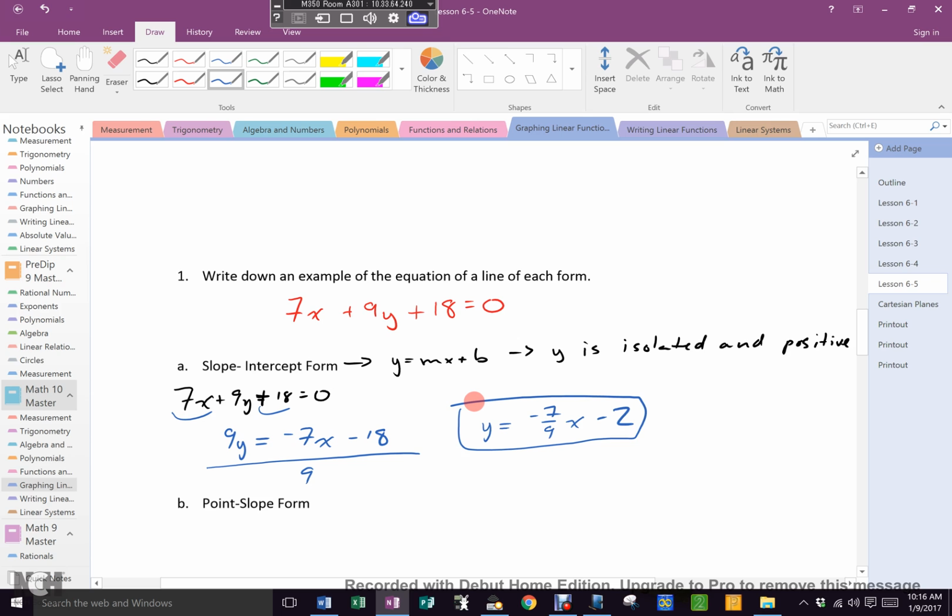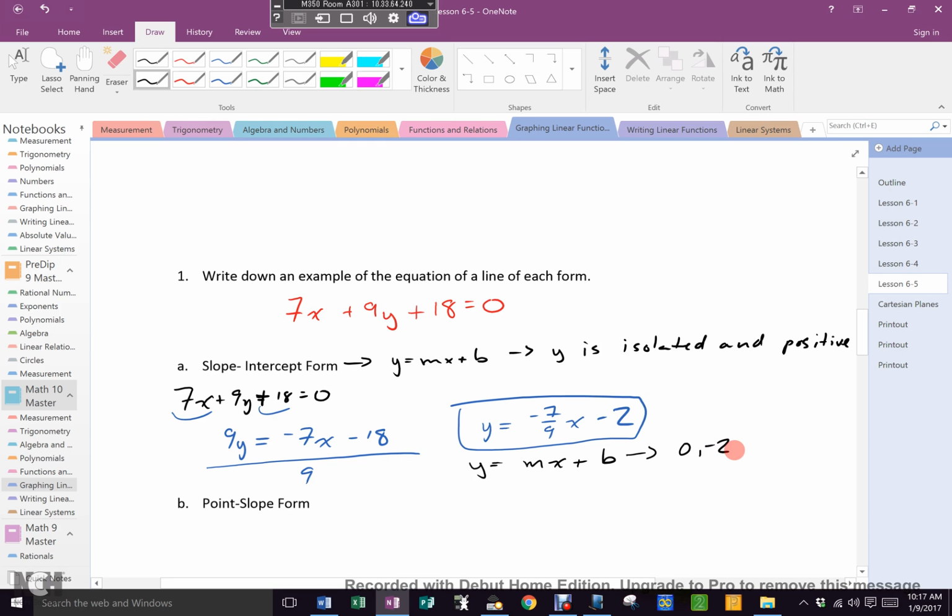Now, you guys are smart kids. In this form, I have y equals mx plus b, don't I? B is my y-intercept, isn't it? So it's 0, negative 2, yes?